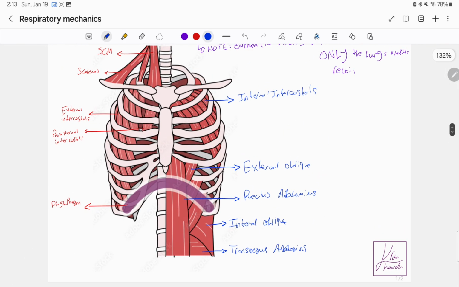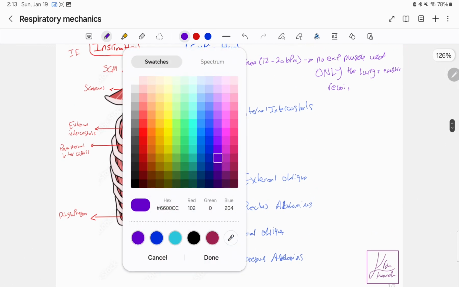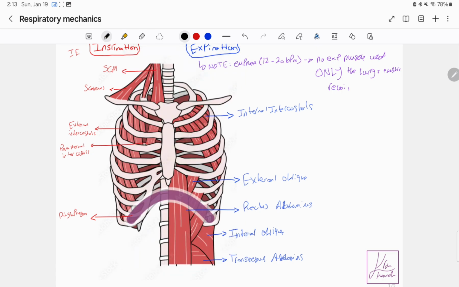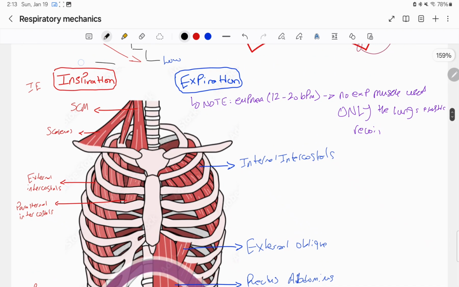So what are all of these muscles doing and how are they doing it? Okay. I'm going to give you a rundown of it. The inspiratory muscles, their aim is to increase the volume in the thoracic cavity. And actually, we abbreviate it as increase the thoracic cavity volume. And in doing so, following Boyle's law, they're going to decrease the thoracic cavity pressure.